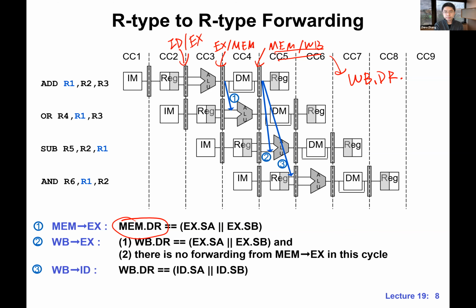And the third path is where we check whether there's again a match. For this information, let me just make sure that you guys are following. Where do we find this one? From which pipeline register?